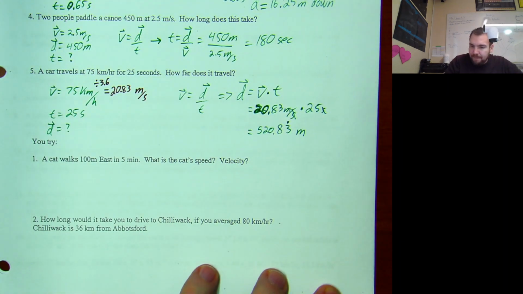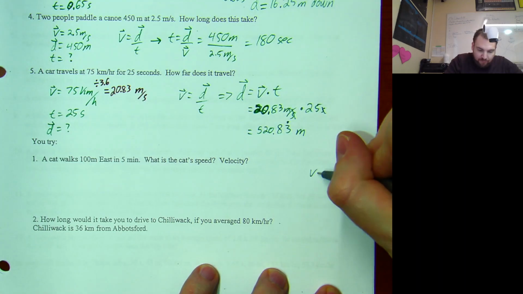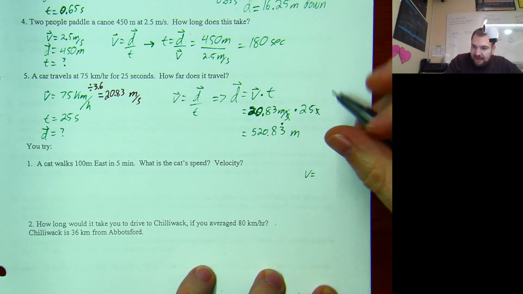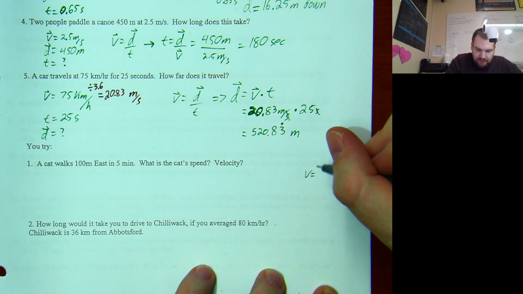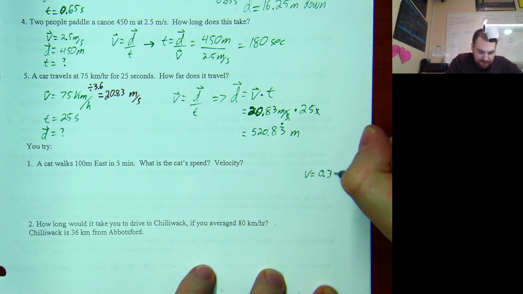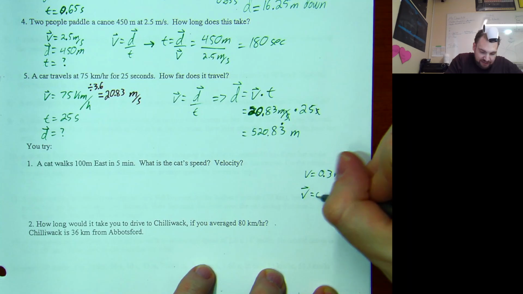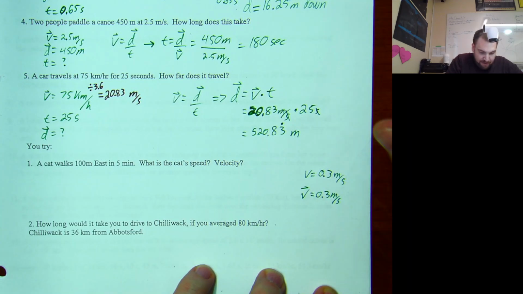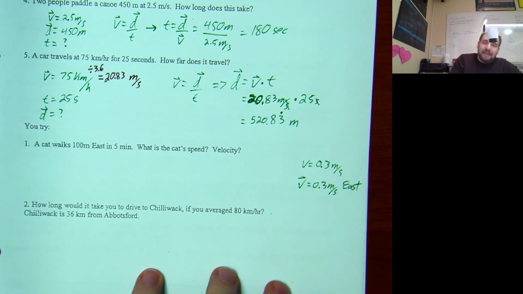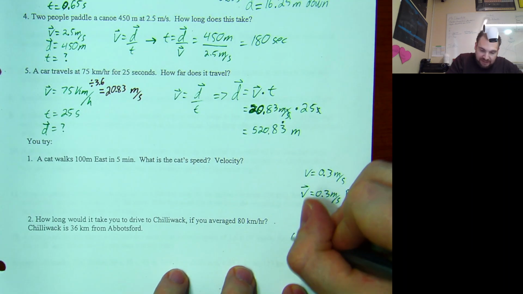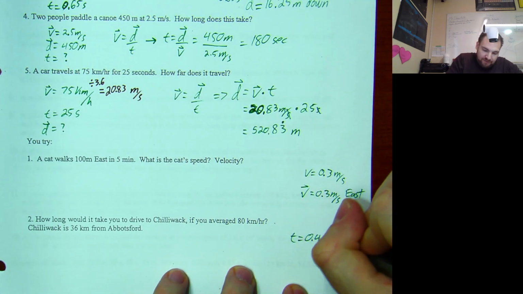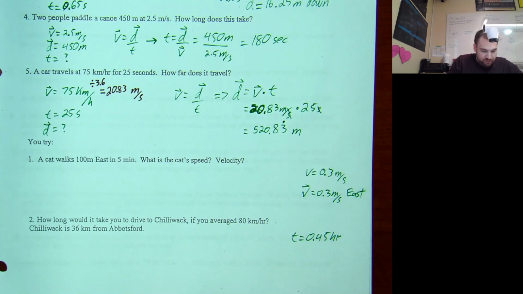For question 1, the speed you should be getting is 0.3 meters per second, and then the velocity is going to be the same, but the direction is going to be included. And then this guy down here, you're looking for a time of 0.45 hours. See if you can get that.